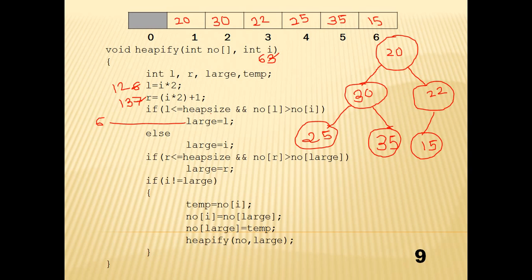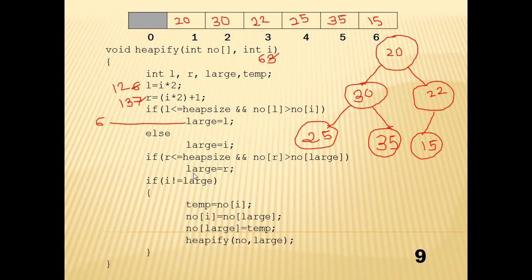L less than equals to heap size: l is 12, 12 less than equals to heap size, which is 6, condition is false. So else, large will be i. Large equals to i. Both values will be the same, large and i.